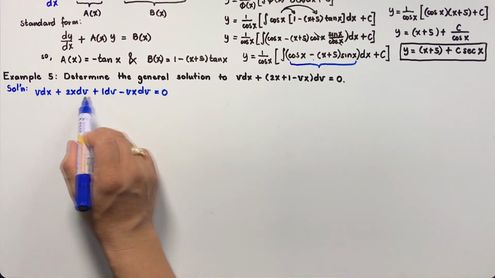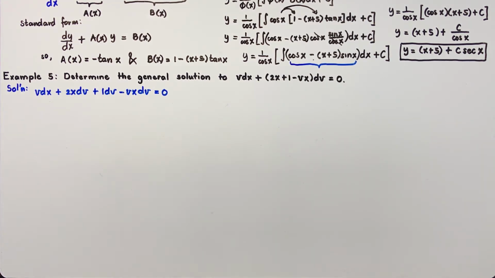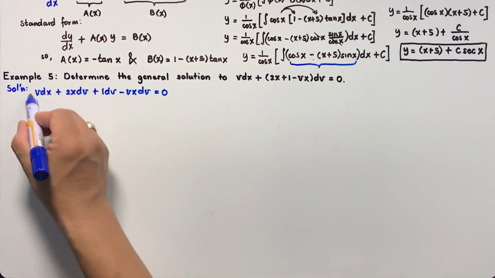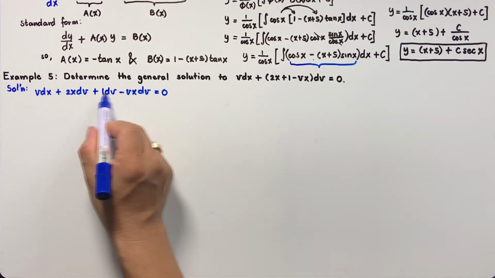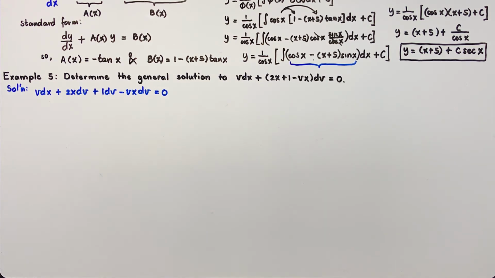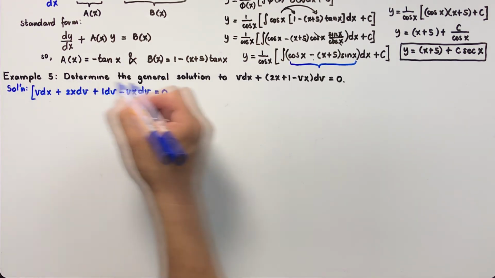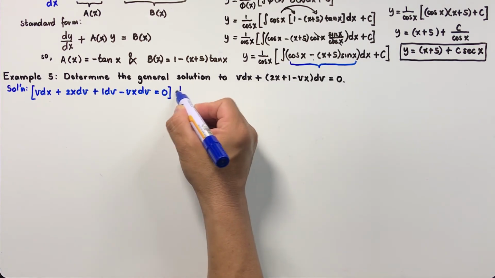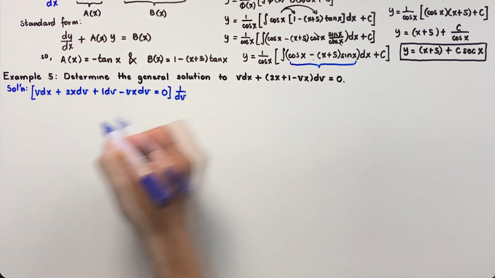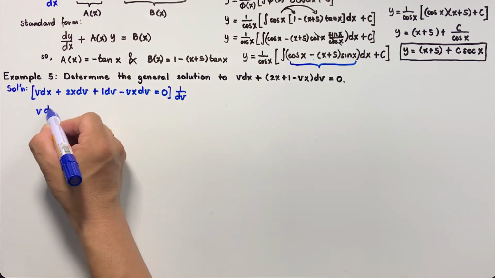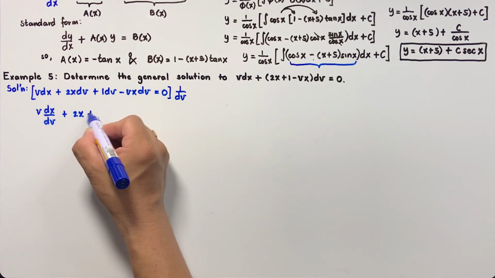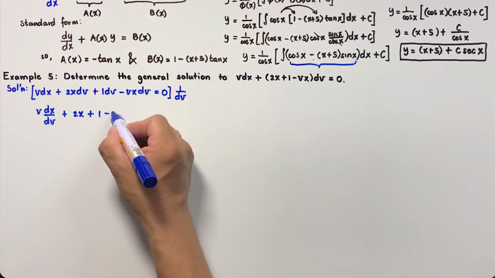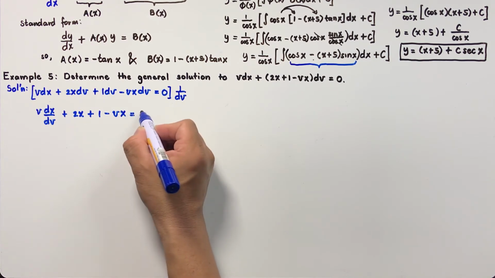And since we have three terms that have dv's as their coefficients, we understand that our dependent variable is x this time. So we need to eliminate this dv for these three terms by multiplying both sides of the equation by 1 over dv. So we have v dx over dv plus 2x plus 1 minus vx, which is equal to 0.